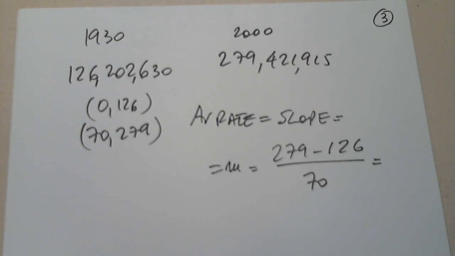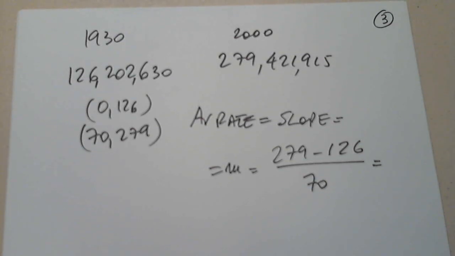The slope of the line is not 2.1 million. No. The slope is 2.1 million per year. It says per year at the bottom there, for A, B, C, D. Yeah, but here it's incorrect because it says just million. It's million people per year, so this is incorrect right here.